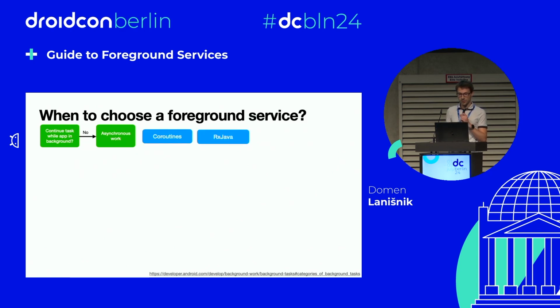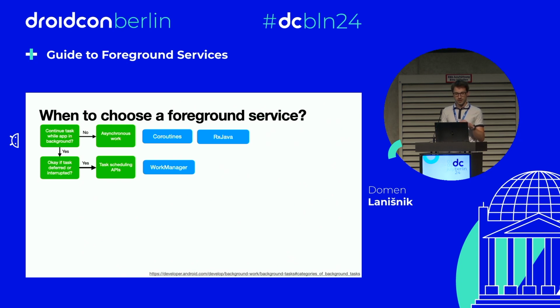If the work should continue in the background, then the next question is, is it okay if the task is deferred or interrupted? If it's okay, maybe because the work is not so important, then you should use task scheduling APIs like Work Manager.